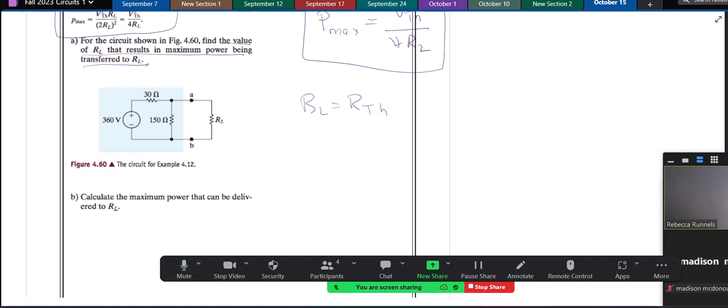When I look at my circuit here, I see that it does not have any dependent sources, so I can just find the equivalent resistance of the circuit to the left side of where I'm applying the load. And to find the equivalent resistance, I short out any voltage sources.